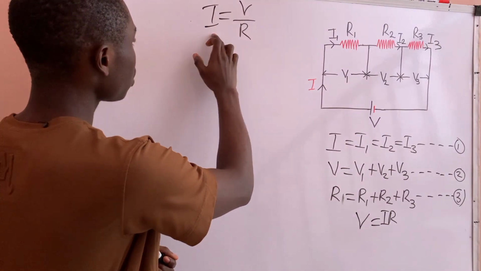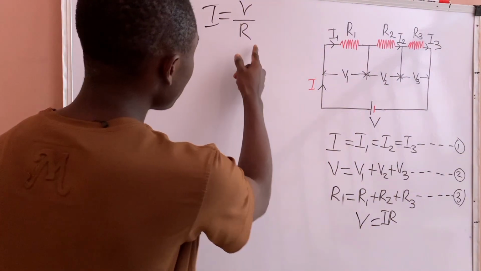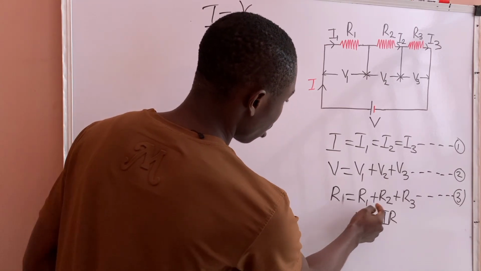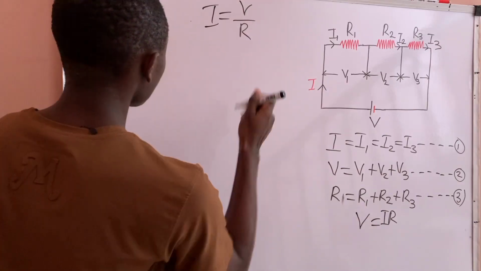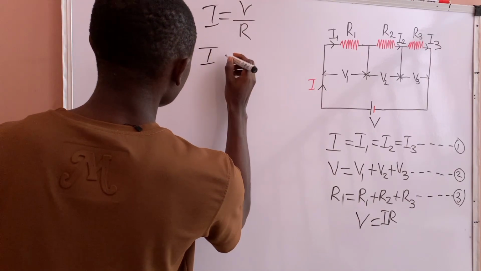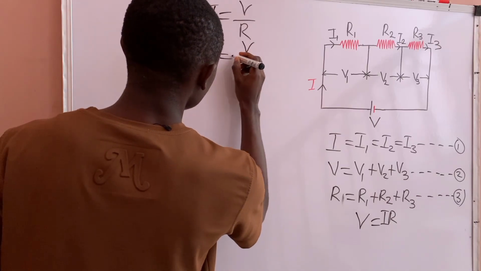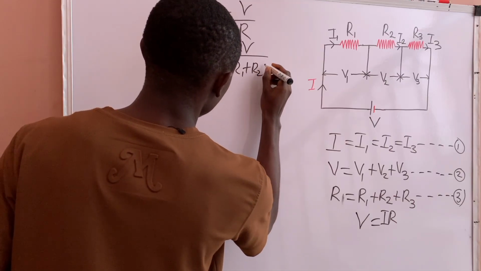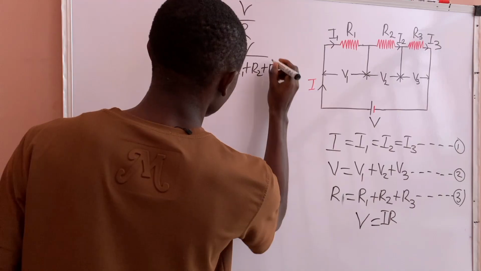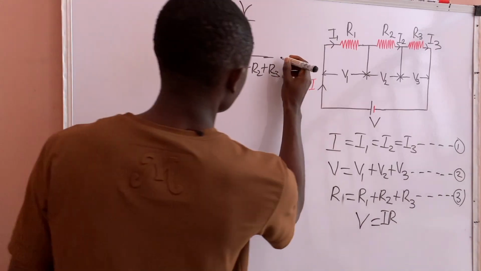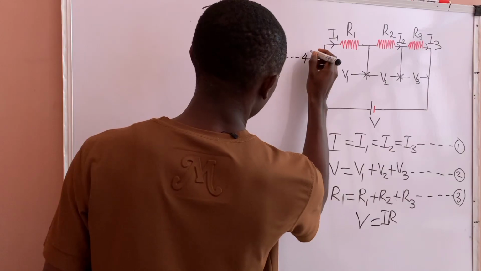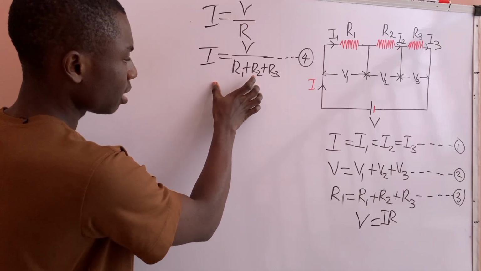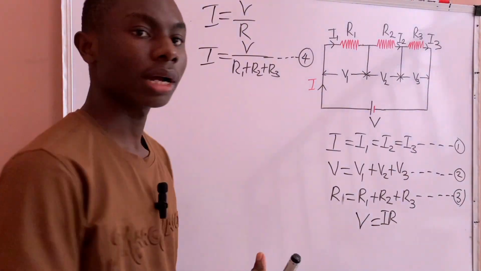Since we know that RT is R1 plus R2 plus R3, the value of current will be equal to V over R1 plus R2 plus R3. We can call this equation 4.